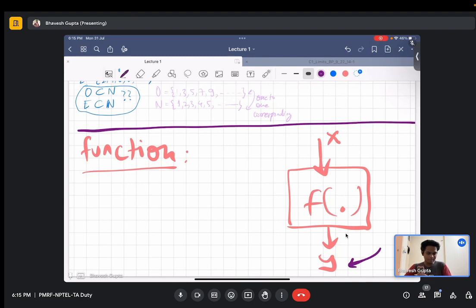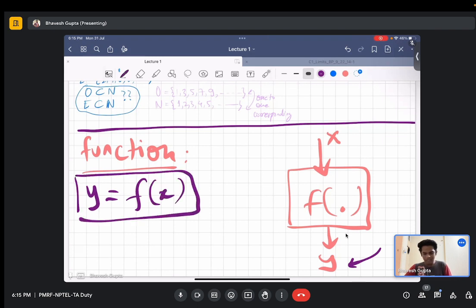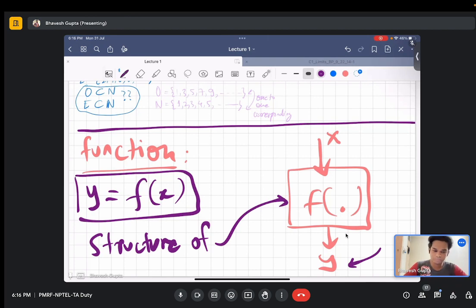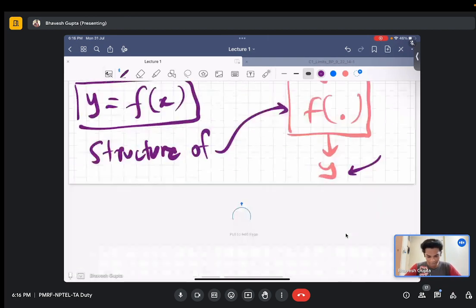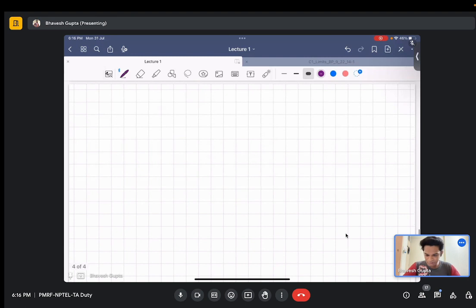One more important thing is that we sometimes write this as y equals f(x), and we call this an equation. This equation basically tells you the structure of the black box. Why am I calling it a black box? Because currently I don't know it, but the moment I give you the structure, the whole idea will be clear.